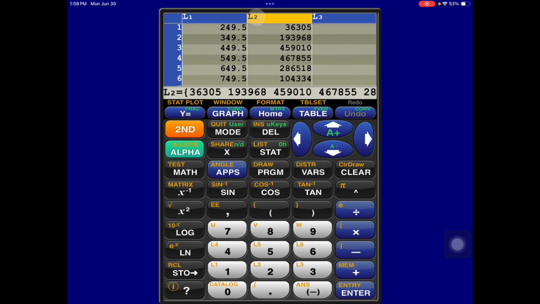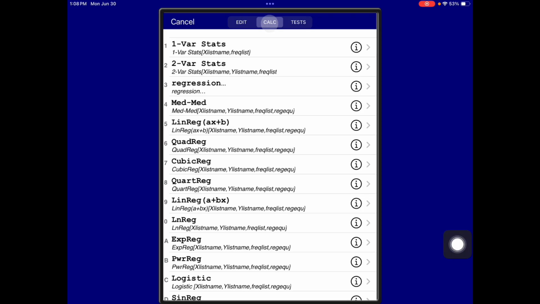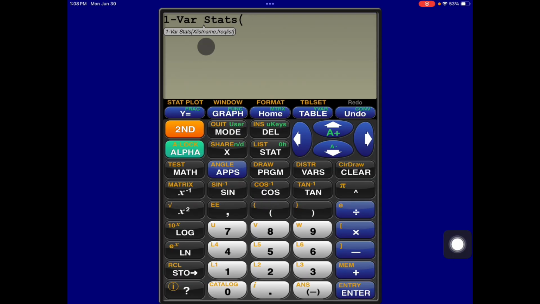Next, we go to Stat, Calc, 1-Var Stats, and because you put numbers in both L1 and L2, you need to tell your calculator to look there. So I'm going to select 2nd 1, comma, 2nd 2. It should say L1 and L2.